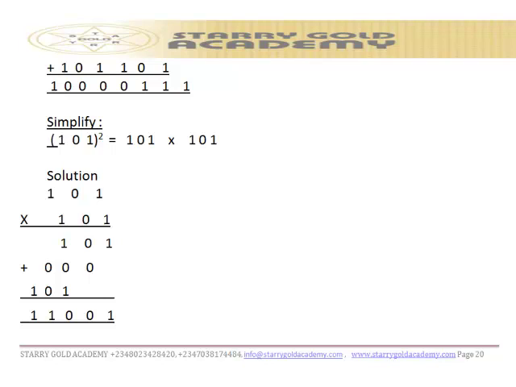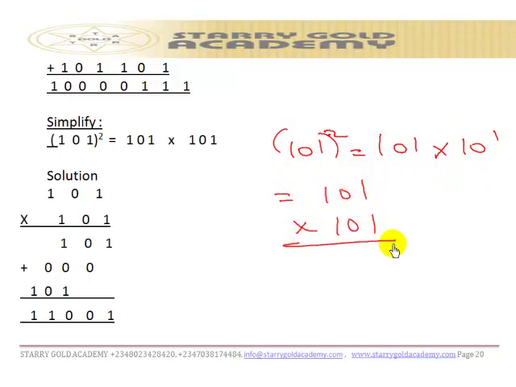So you have another one, 101 square. You know that squaring a number means multiplying the number by itself. So 101 square in base 2 is 101 times 101. So 1 times 1 is 1, 1 times 0 is 0, 1 times 1 is 1. 0 times anything in the world is 0. 0 times 1, 0. 0 times 0, 0. 0 times 1, 0.